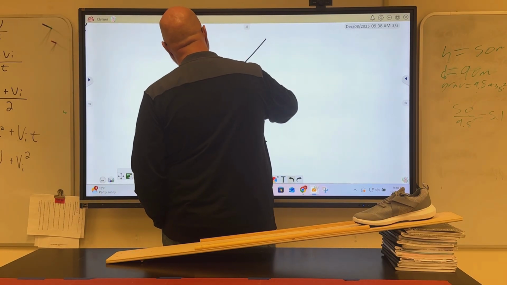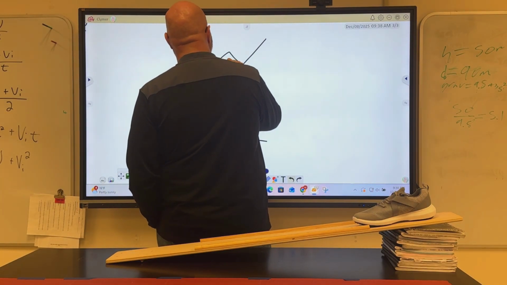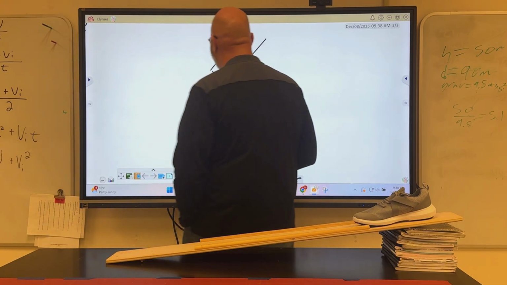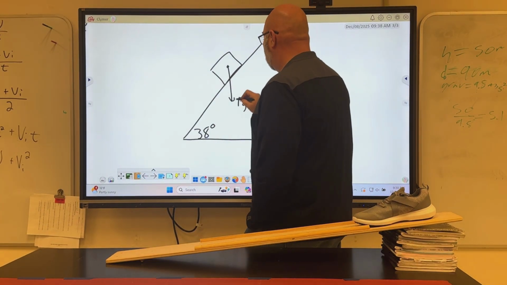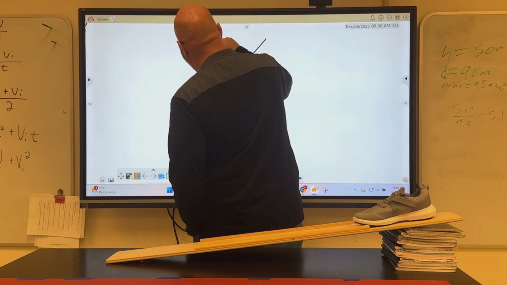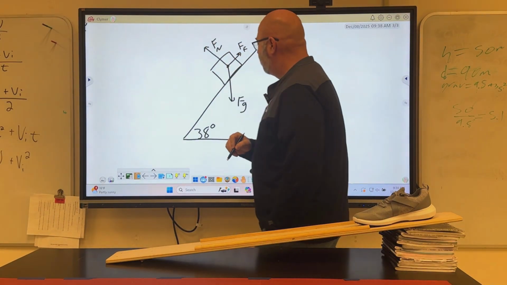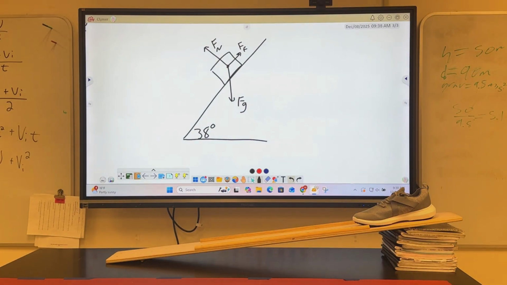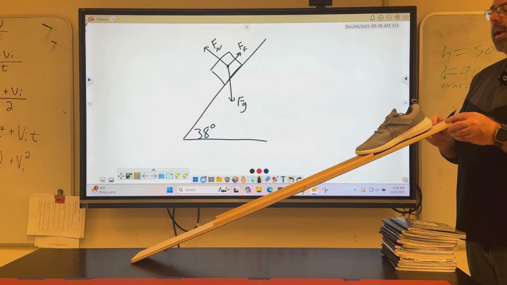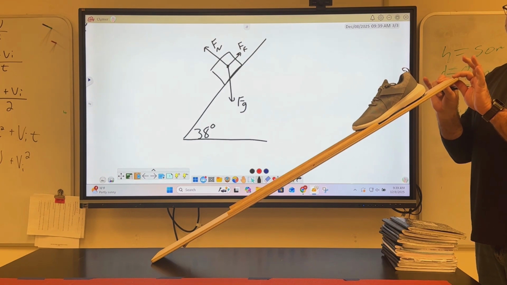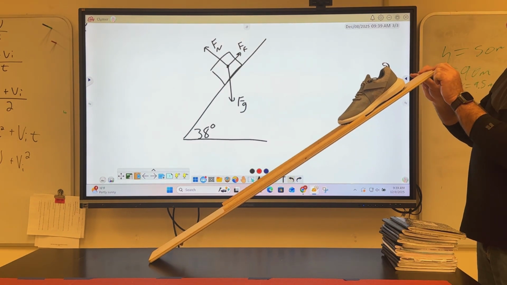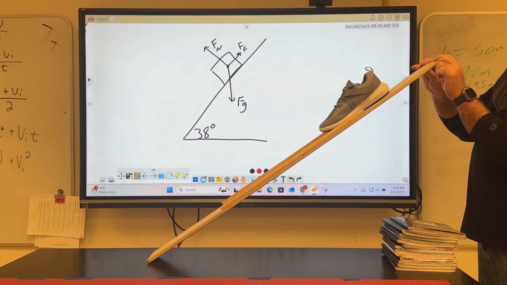Same shoe, same mass, different angle, but we're going to say at 38 degrees, our shoe is still not moving.